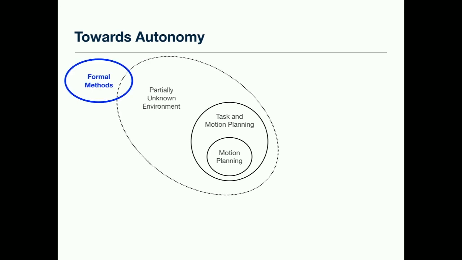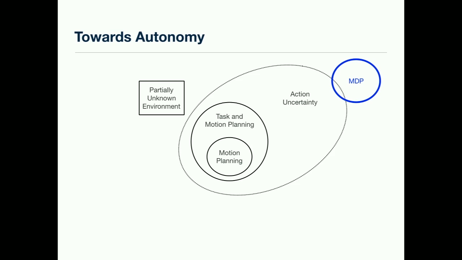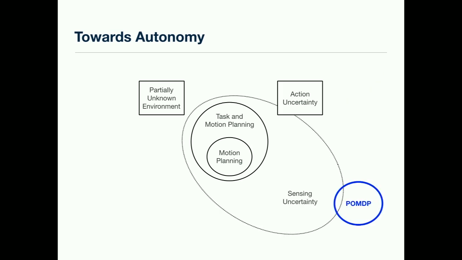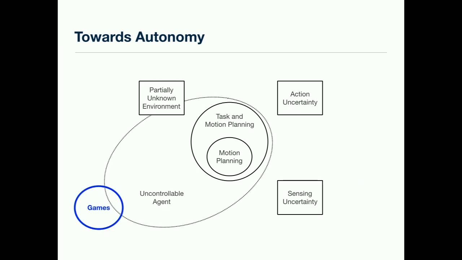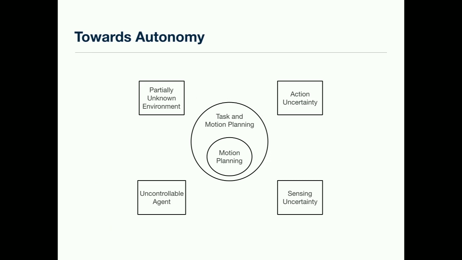It allows us to meaningfully connect with formal methods, for example, if you have a partially unknown environment, to connect with what is happening with MDPs, if you have action uncertainty, POMDPs, if you have sensing uncertainty, games, if you have an uncontrollable agent in the environment that can model a human.